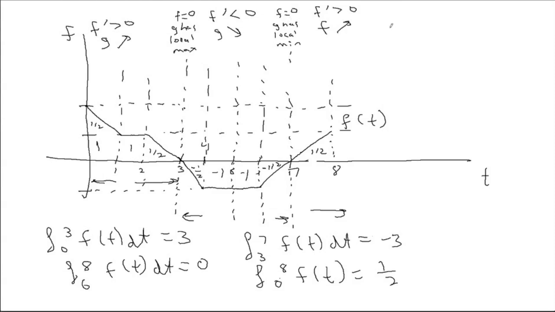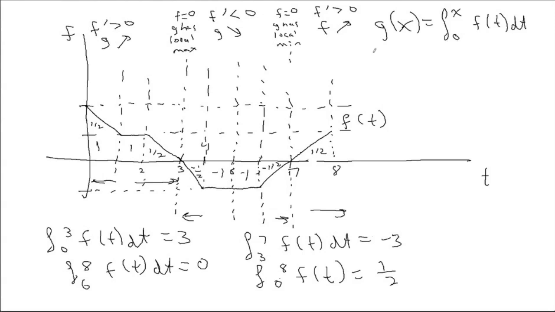And remember, what's our definition of G here? G of x equals what? G of x equals the integral, limits of 0 to x, of f of t with respect to t. Very good. That's right.